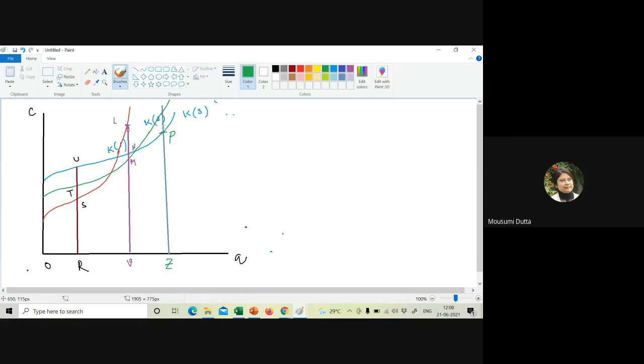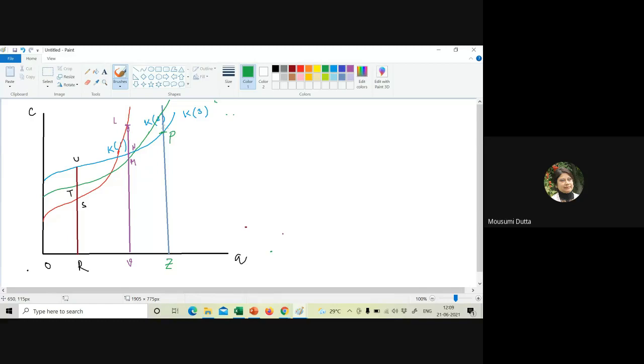Once I do this, I am talking about the short run. For the output level OV, the second plant is the best one. So once I select the second plant for OV level of output, I am now in a particular short run.